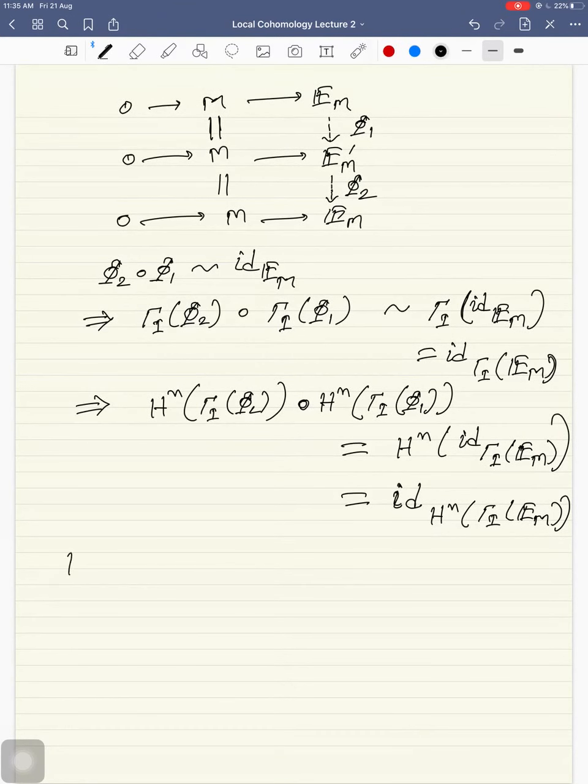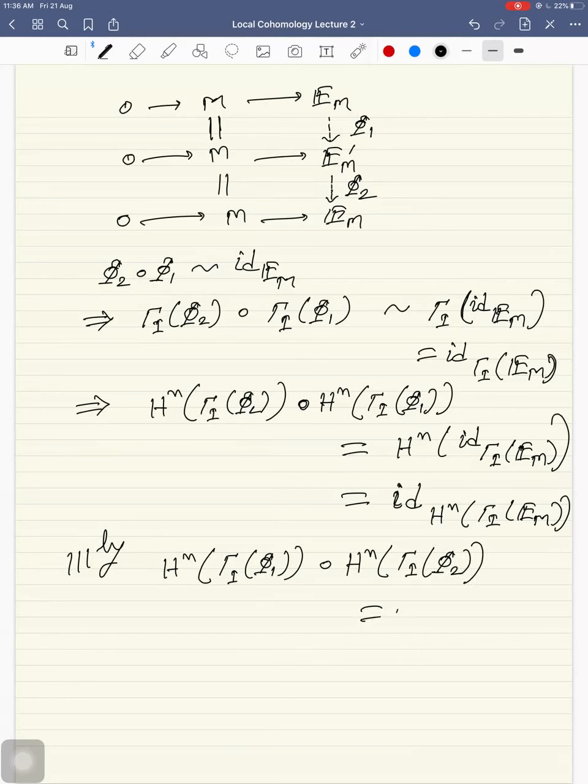Yeah, and similarly, just by considering phi1 composed with phi2, that is also homotopic to the identity map, you will get the nth cohomology of phi1 composed with the nth cohomology of phi2 is the same as the identity map on gamma I of the second injective resolution.